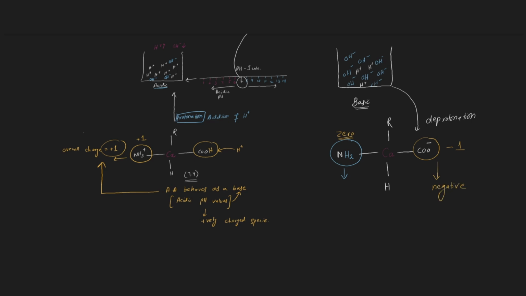So in case of basic pH values, the amino acids behave as acids, because acids have the ability to lose protons. In this particular region there is loss of protons. So it behaves as an acid and has an overall negative charge, so it should be considered a negatively charged species.